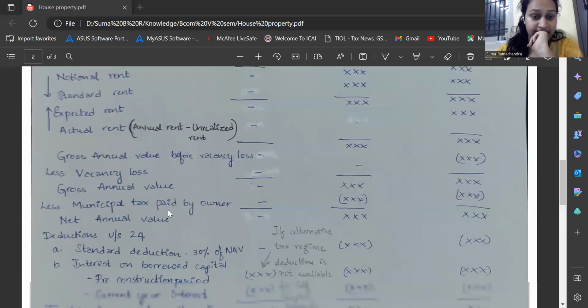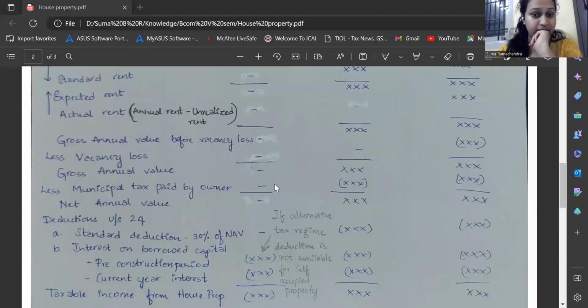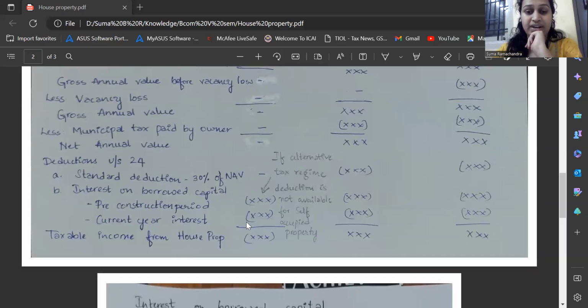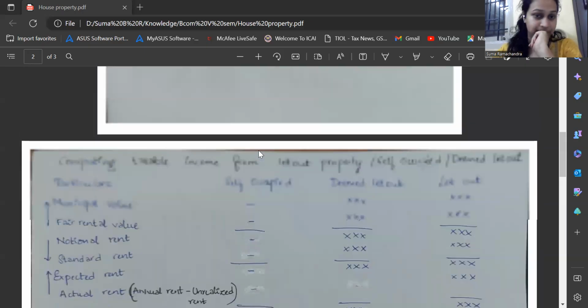In your NAV, that is net annual value, the amount will be nil. Only you will get a deduction of pre-construction period or current year interest, that is your interest on borrowed capital. And you should be aware that this kind of interest deduction is not available if you are taking the alternative tax regime. This will be available only if you are in the normal tax regime.